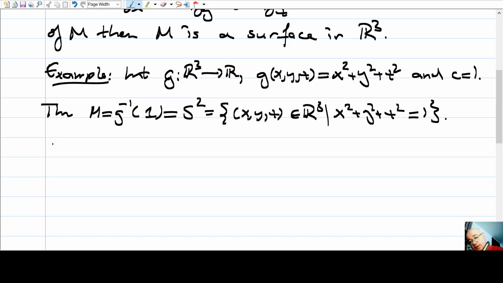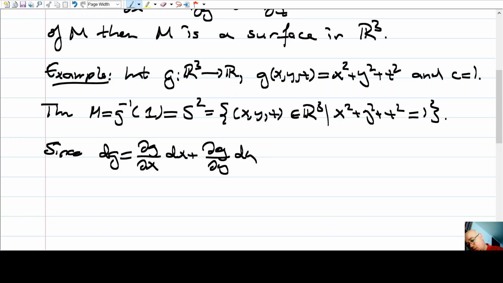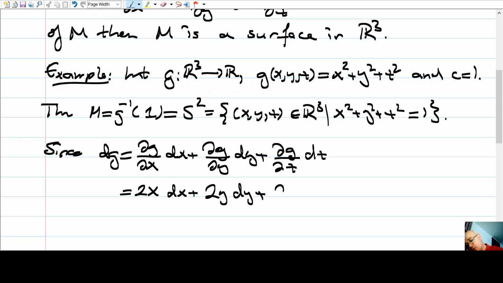Well, note that the differential of G, which is the derivative of G with respect to x times dx, plus the derivative with respect to y times dy, plus the derivative with respect to z times dz, is equal to what? This is just 2x dx plus 2y dy plus 2z dz.